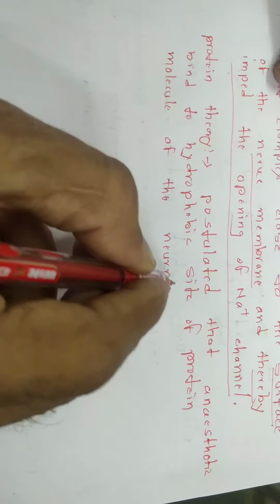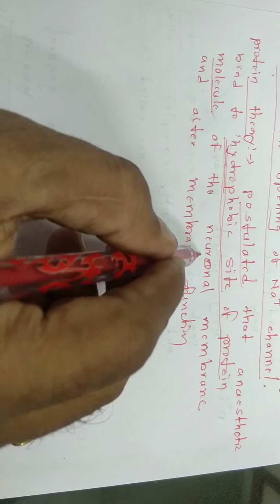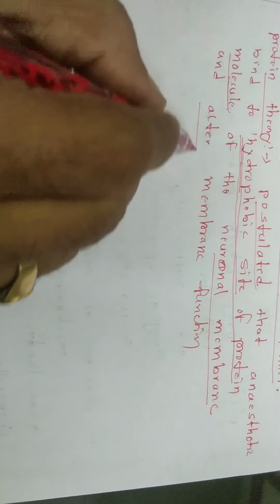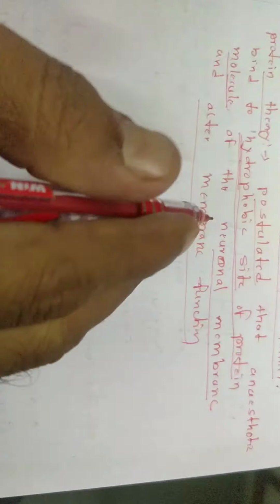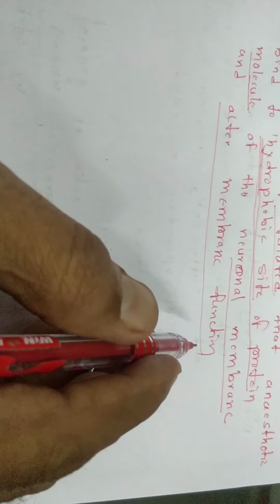The anesthetic binds to the hydrophobic site of protein molecules, so they have affinity to the protein. That site binds to the protein in the neuronal membrane, and the membrane functions are altered, and they produce the effect.